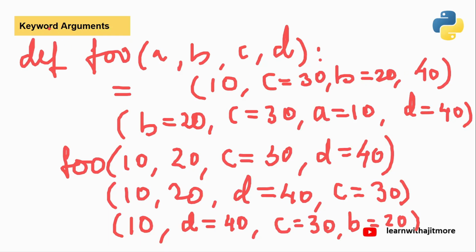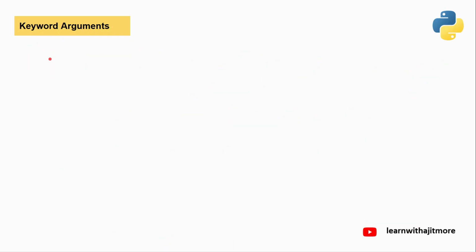So keyword and positional you can mix, means few positional, few keyword, but the rule is first you have to give all the positional, and once you start giving keyword, all should be keyword only. After keywords, what cannot come again? Positional. The speciality of keyword is that the position is not important. You can give the values in any order. Why?